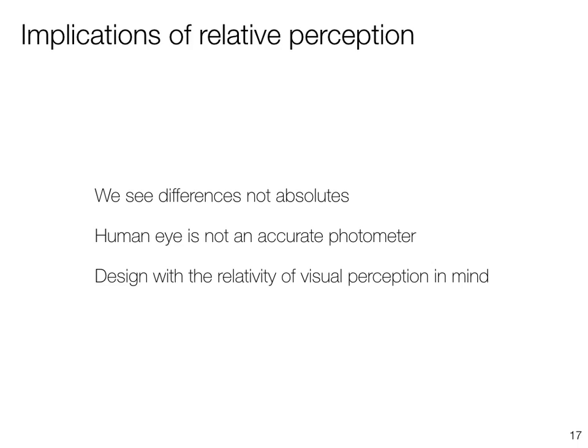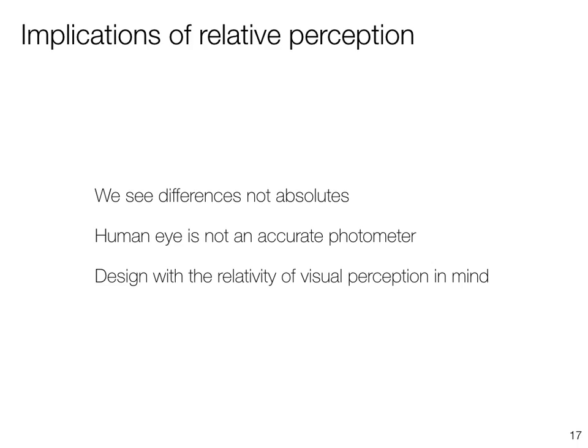And we should have that on our radar when we're designing information visualizations, when we're using and maybe also seeing information visualizations. So our eyes see color in differences and not in absolutes. So differences to what we've seen before or differences to what we're seeing at the same time. Our human eye is not an accurate photometer. It's not a scientific instrument.